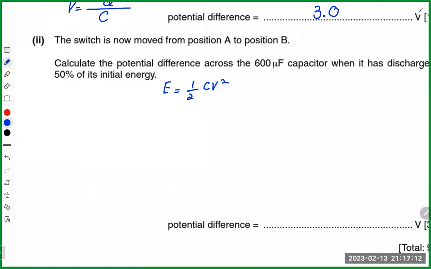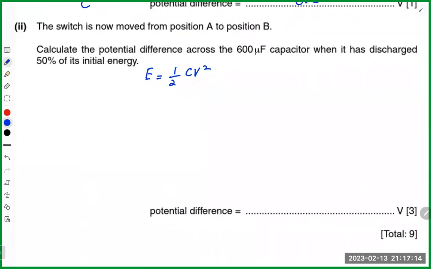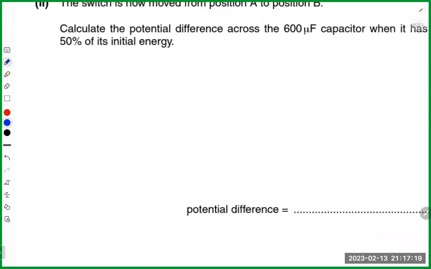Initial energy. There is one mathematical way of doing this, and there is one physics way of doing this. So here we go. E equals 1 over 2 CV square.